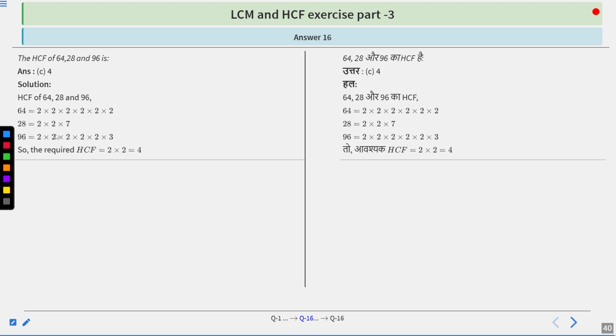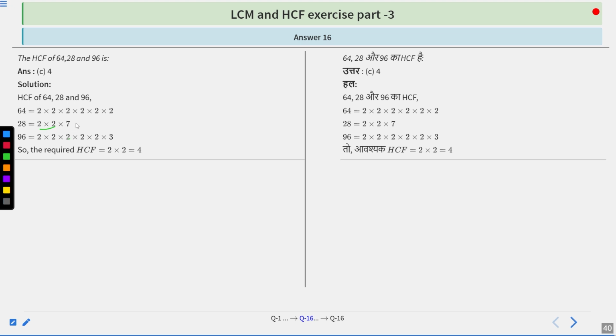Now to find the HCF, we have to look for the number which is common in the factors of all the numbers, and then choose the minimum power. So 2 is appearing in the factors of all three numbers, but the least number of times it appears is in the factors of 28, that is 2 times. So 2 into 2.